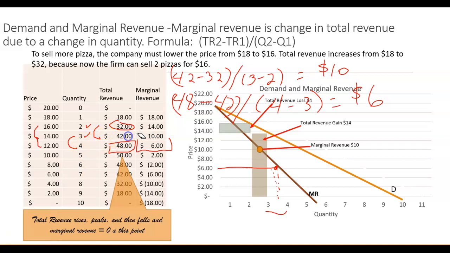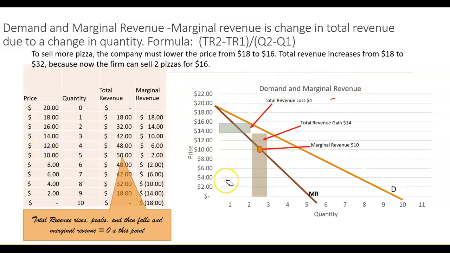Okay, so as we do this for each of these variables, we begin to develop our marginal revenue curve. So if I drop my price $2 more, I begin to see that my revenue is increasing.